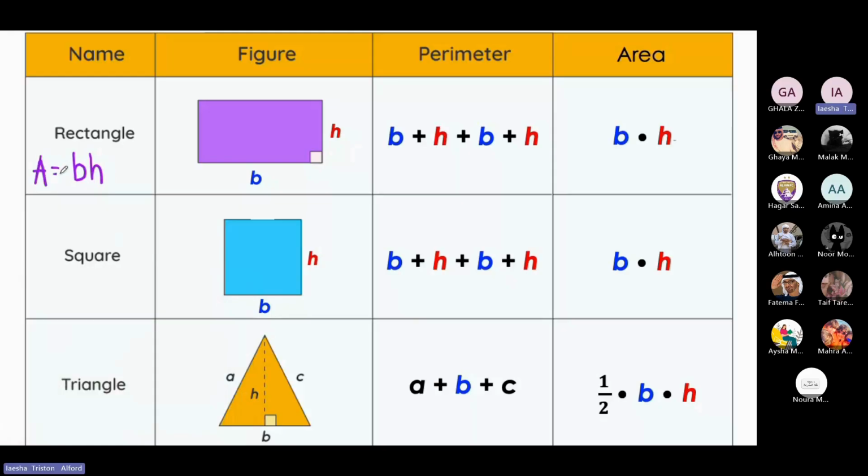It is the same for the square and the rectangle. For the triangle, remember, you have to put 1/2. But all have B times H. The triangle has to have 1/2.